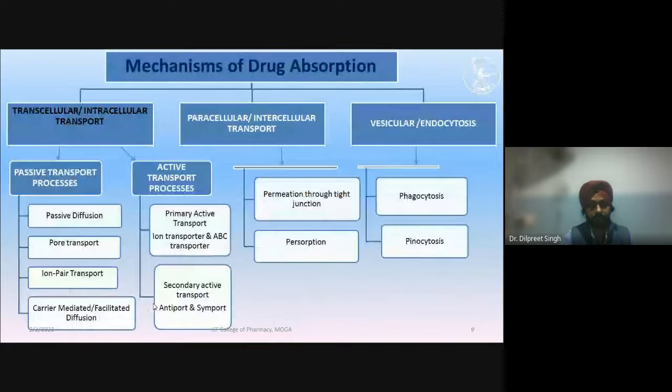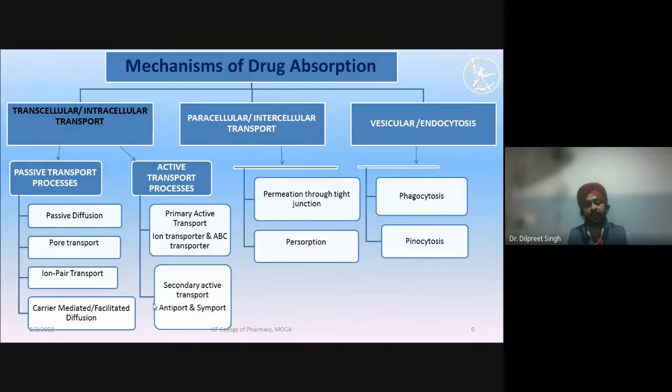In the mechanism of drug absorption, there are different routes that are basically divided into three types: transcellular or intracellular transport, paracellular or intercellular transport, and vesicular transport or endocytosis. Transcellular transport is divided further into passive and active transport. Passive transport is divided into four major channels: passive diffusion, pore transport, ion pair transport, and carrier-mediated diffusion.